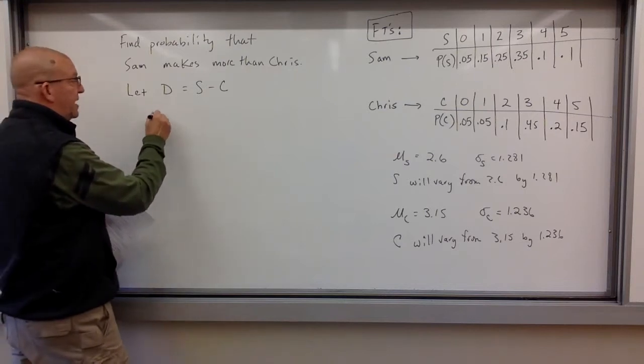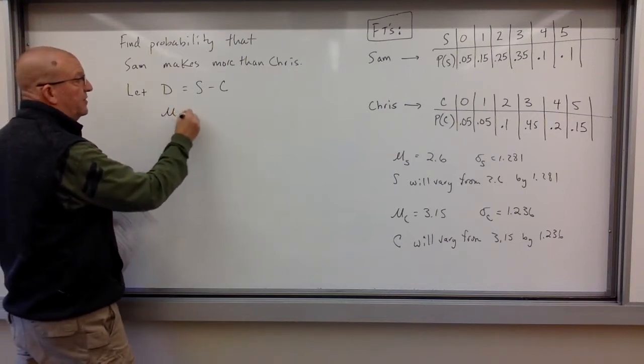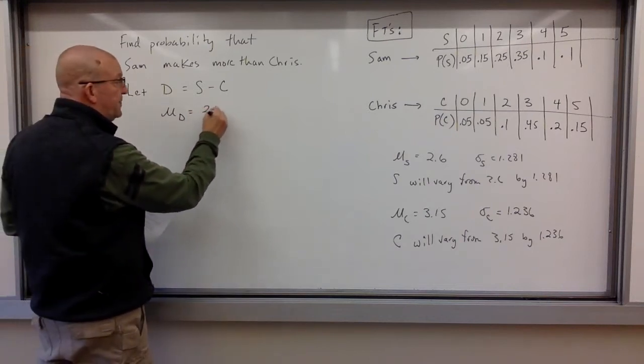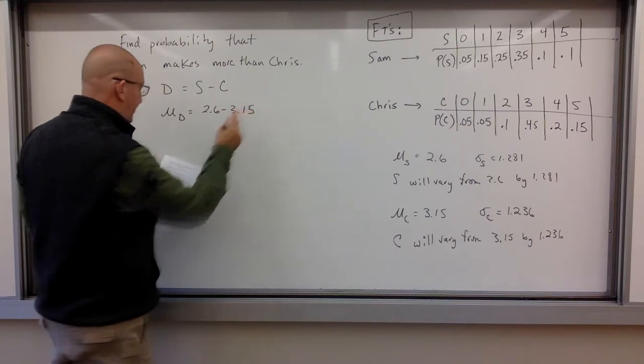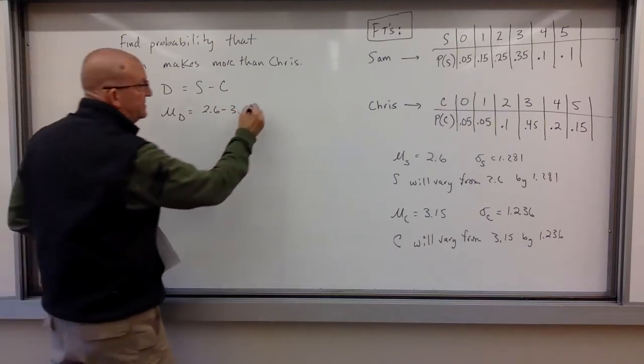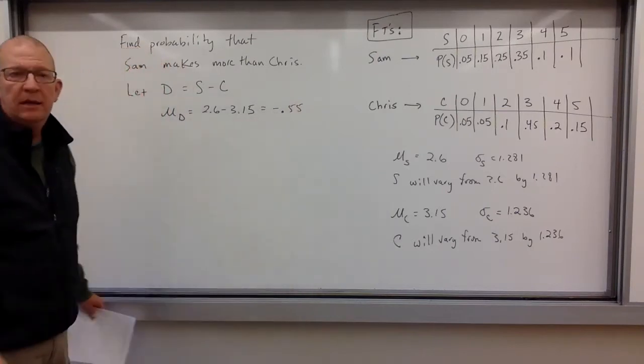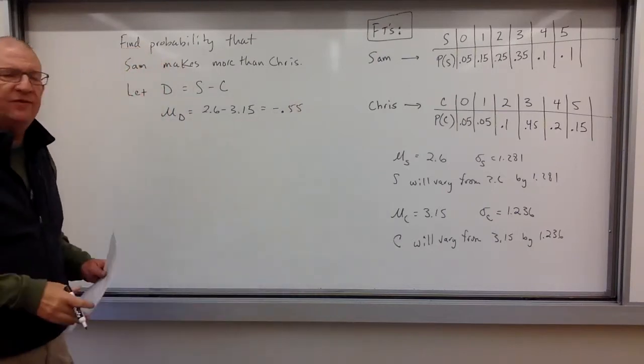Let's first set up the average difference. So the average difference is going to be 2.6 minus 3.15. Okay? And this comes up to be negative 0.55. So what does that mean? All right, let's just think about that for a minute.